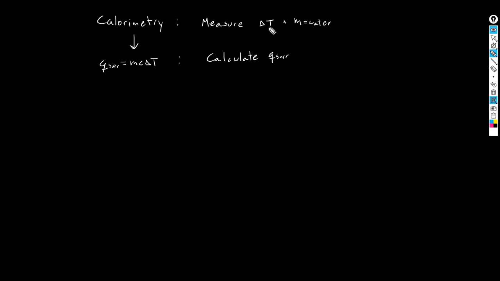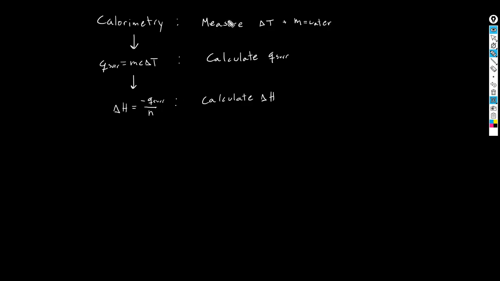Then we're going to use the delta T and the mass of the water in Q equals mc delta T to calculate the Q of the surroundings. And then once we have the Q of the surroundings, we can use delta H equals negative Q of the surroundings over n to calculate the delta H.